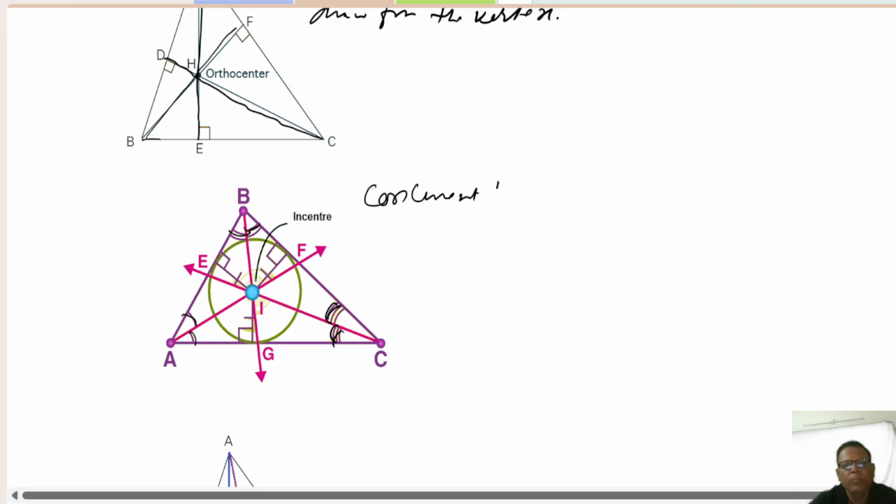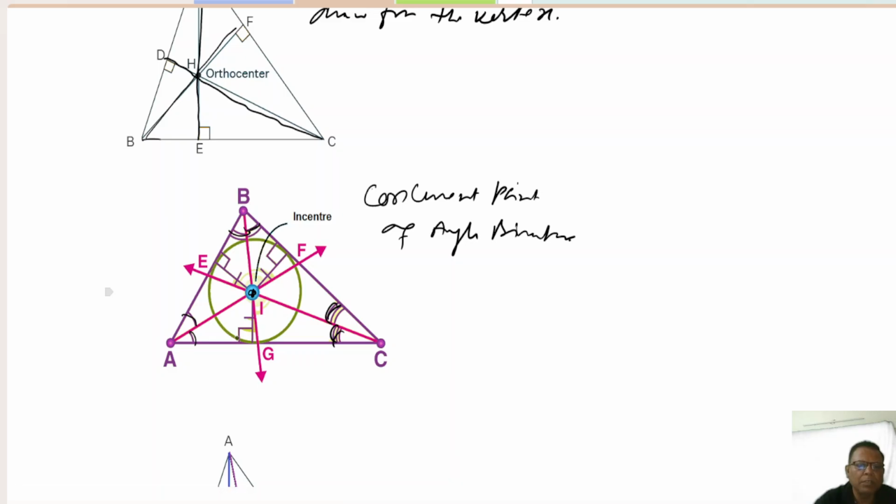So from this point you can draw a circle which will touch all the sides. So this length and this length will be equal, and this is called the incenter.